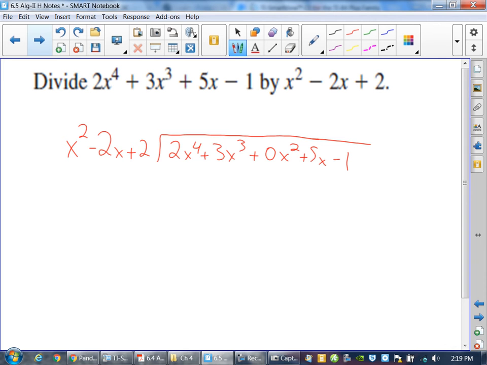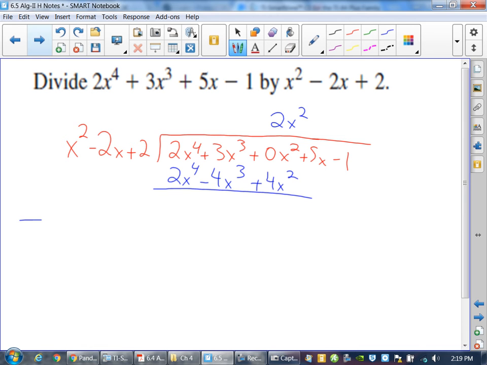And then you start the process over again. I want to turn the x squared into a 2x to the 4th, which means I multiply that by 2x squared, and above which of these do you think you're going to place it? Right above the x squared, good. Distribute through all three terms. 2x to the 4th minus 4x cubed plus 4x squared.